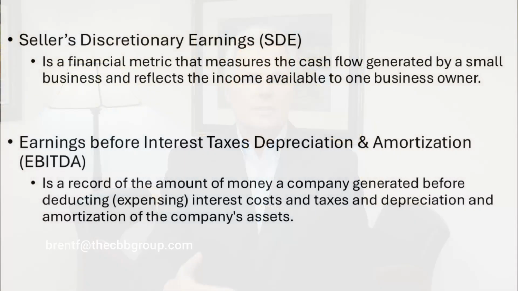Let's talk about a couple of the characteristics of both seller's discretionary earnings and EBITDA before we get into this next example. Seller's discretionary earnings is the cash flow measurement used for an owner-operator company, where the owner is acting as the general manager, president, the driving force behind that company. It is usually where the cash flow of the company is less than $750,000.